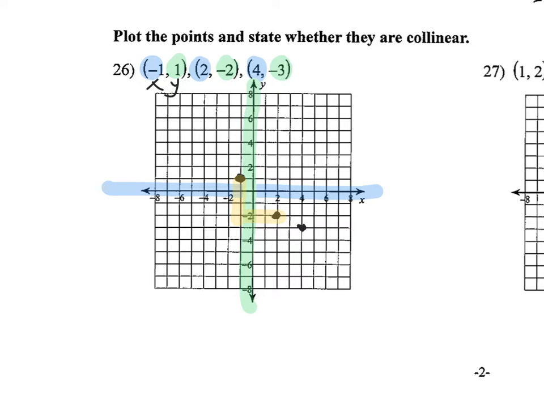When I move down from my other points, I go down 1, to the right 2. You can see that the slopes are different. From my high point to my middle point, my slope was -1. From my middle point to my low point, my slope was -1/2. Completely different, so no, these are not collinear. And we would play the same game for 27.